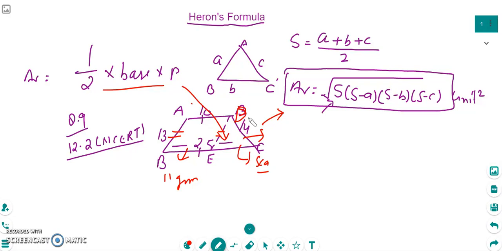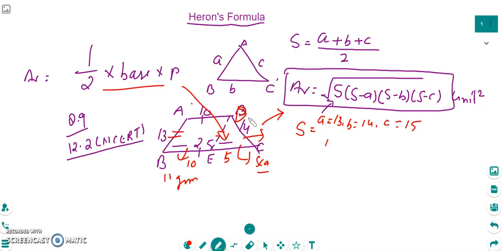So let's start. First I'm going to find out the semi-perimeter. One more thing, this whole side was 25, but because this is a parallelogram, this becomes 10 and it is left with 15. So let's go ahead. Sides: a is equal to 13, b is equal to 14 and c is equal to 15.